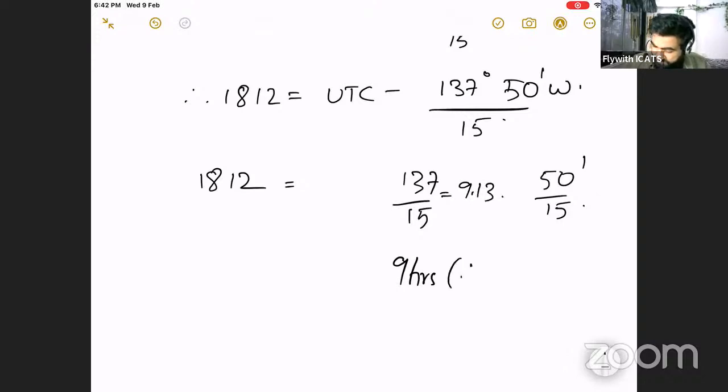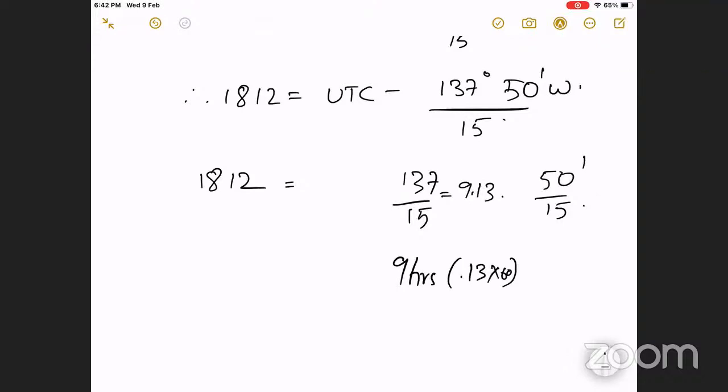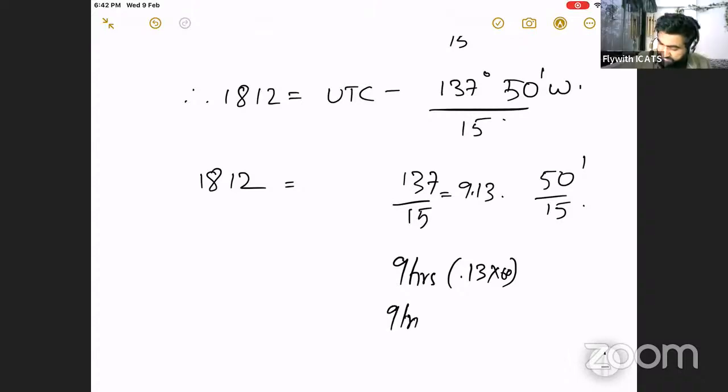So 9 hours and 0.13 into 60 is equal to 9 hours and 7.8, 7 minutes 48 seconds, plus 50 by 15 is equal to 3.33.